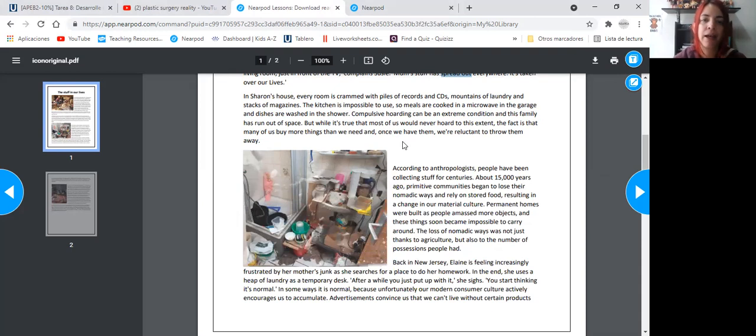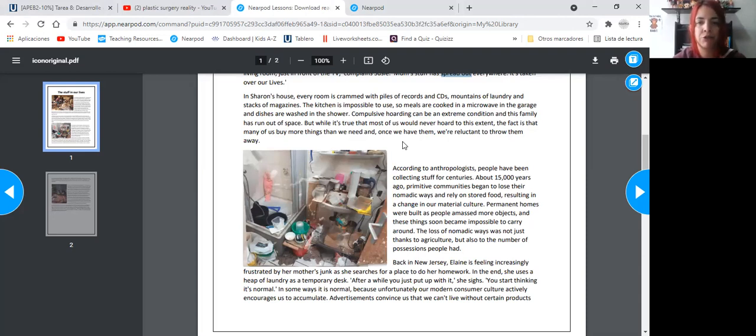In Sharon's house, every room is crammed with piles of records and CDs, mountains of laundry, and stacks of magazines. The kitchen is impossible to use. Meals are cooked in a microwave in the garage, and dishes are washed in the shower.